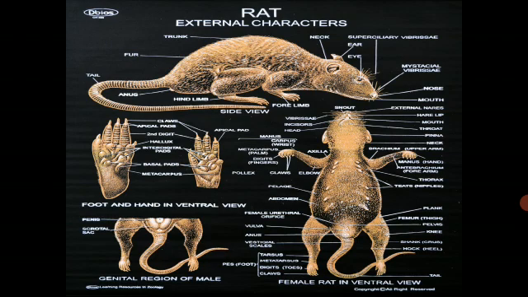The mouth, present at the anterior most end, possesses an upper lip which has a vertical slit. Here we are unable to observe it, but try to remember the upper lip has a vertical slit, and the incisor teeth always remain exposed through this slit. So this is about the mouth.